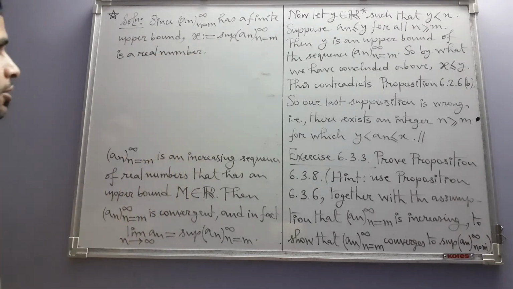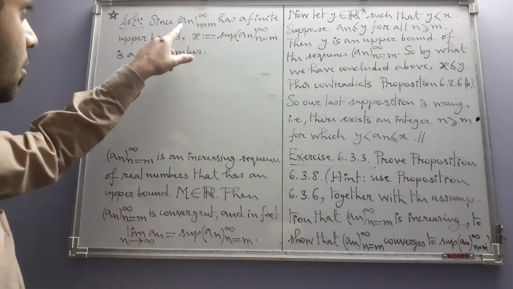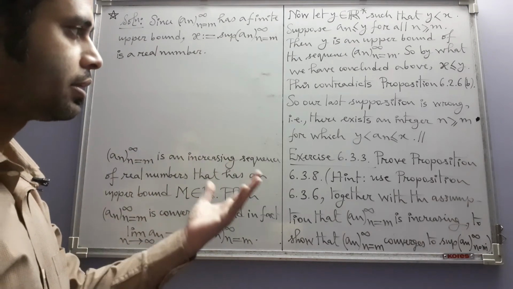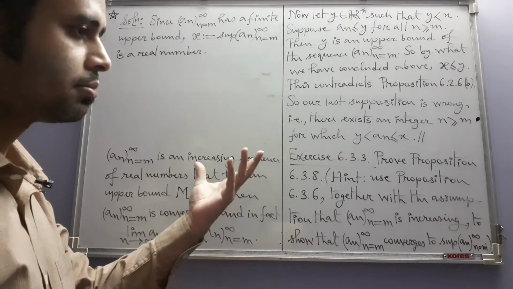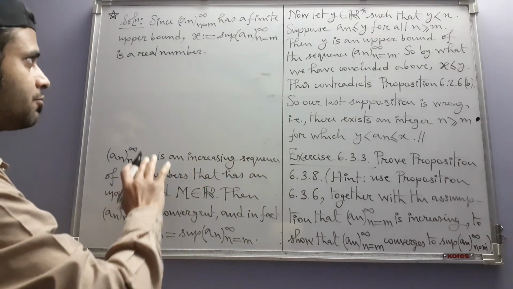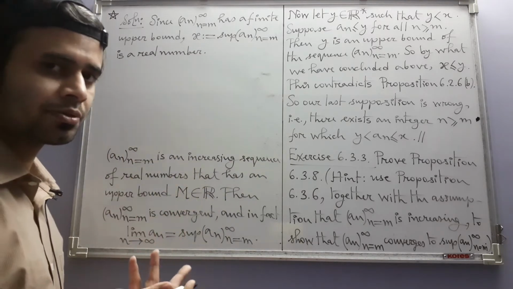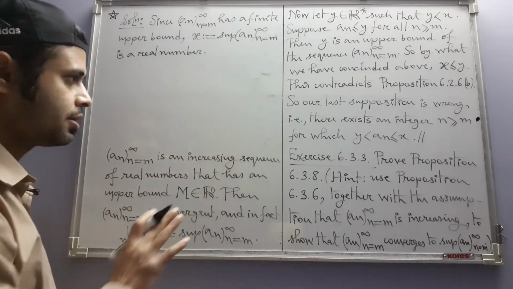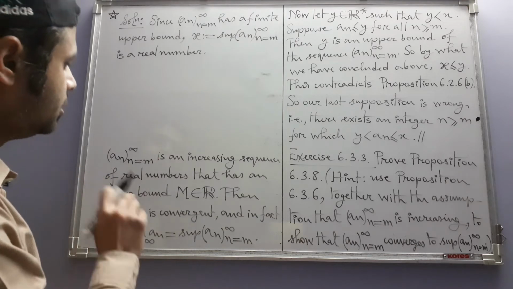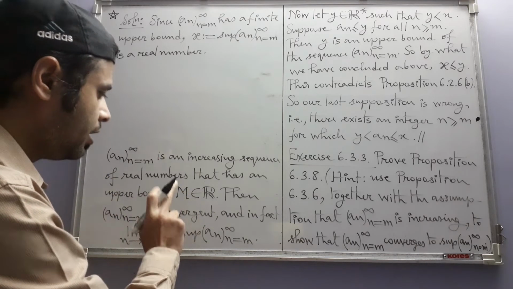It must be because supremum is what? You take all the terms of the sequence, form the set consisting of those things. The supremum of that set is defined to be the supremum of the sequence. So that set obviously is a non-empty subset of the set of real numbers, which has a real upper bound.